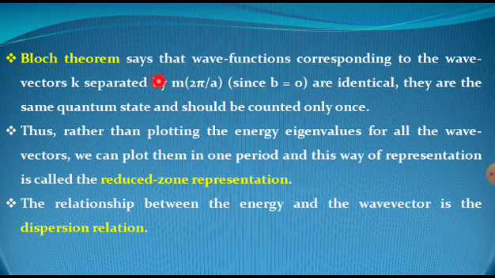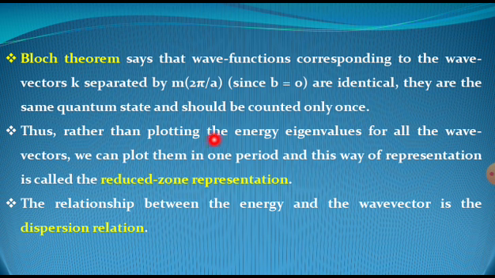Bloch theorem says that the wave functions corresponding to wave vectors k separated by m times 2 pi by a, since b is equal to 0, are identical. They are the same quantum state and should be counted only once.